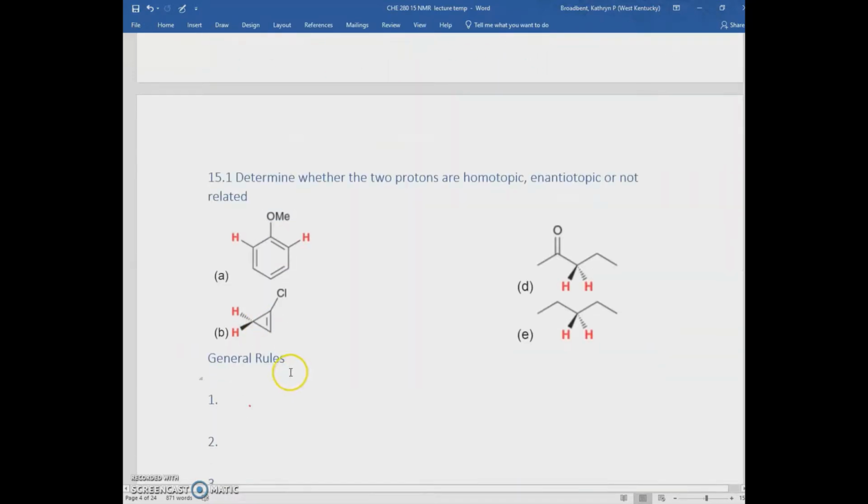So let's determine whether the two protons in red are homotopic, enantiotopic, or not related. And what we're going to do here mostly is just look for planes of symmetry. There's a plane of symmetry there, so these are going to be homotopic. There is not a plane of symmetry here on B, and so these will be enantiomers.